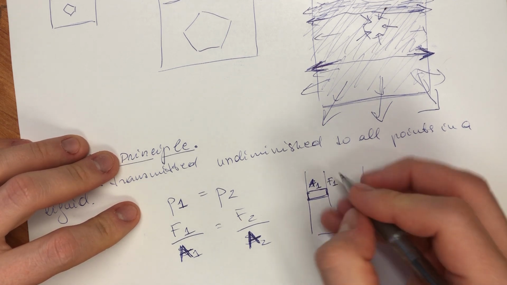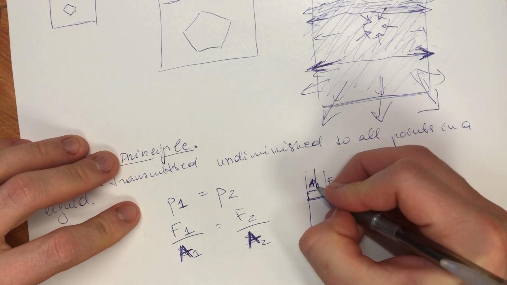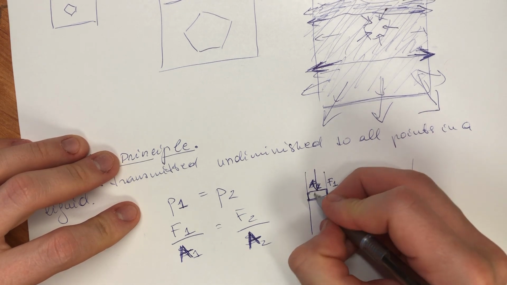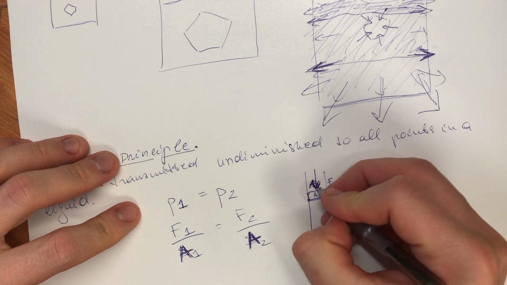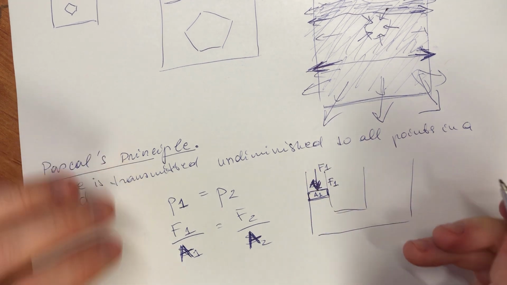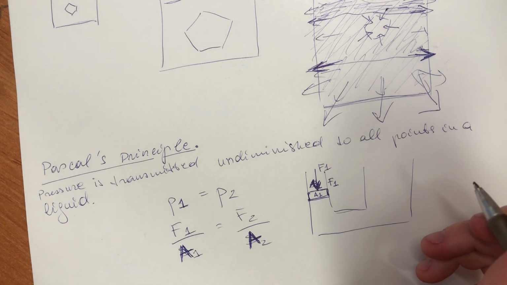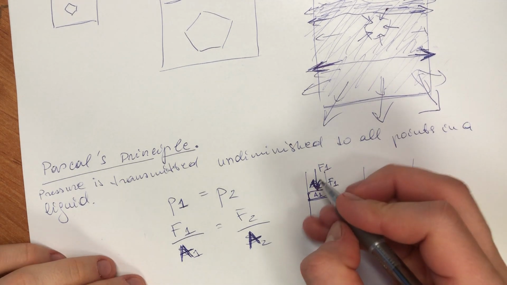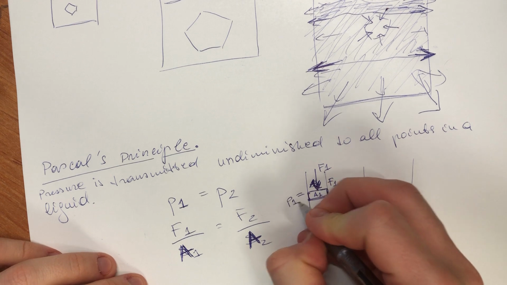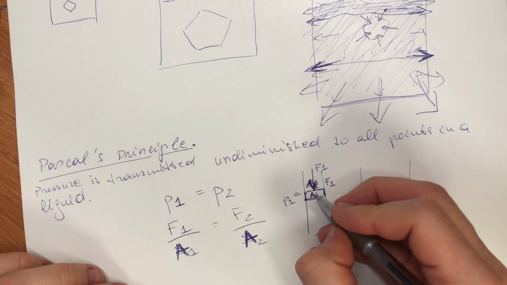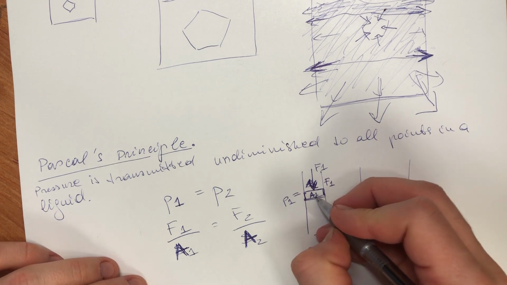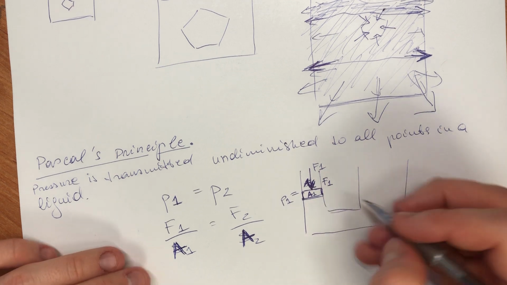The force applied down to this A1 is F1, and what happens, there is a pressure P1. So this is area 1, yes? The piston having surface area 1. So we have P1 now.